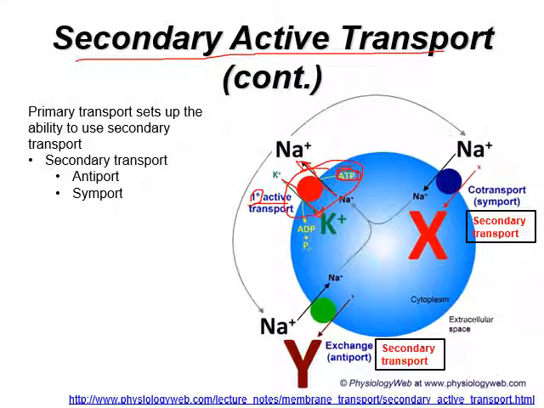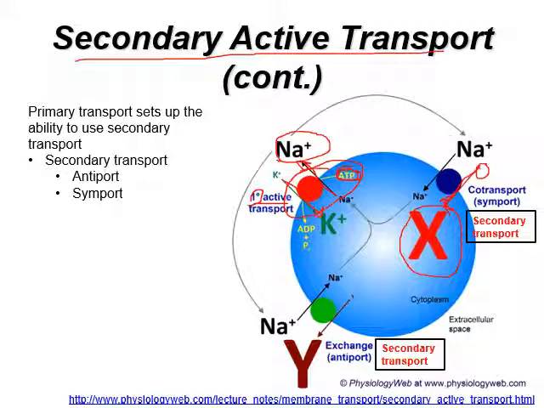But now we have this large amount of sodium outside. And say we need to move a molecule that is inside the cell, but there's already a large concentration in the cell, and there's low outside. Right? This is going against the concentration gradient. Okay? So how do we do that?